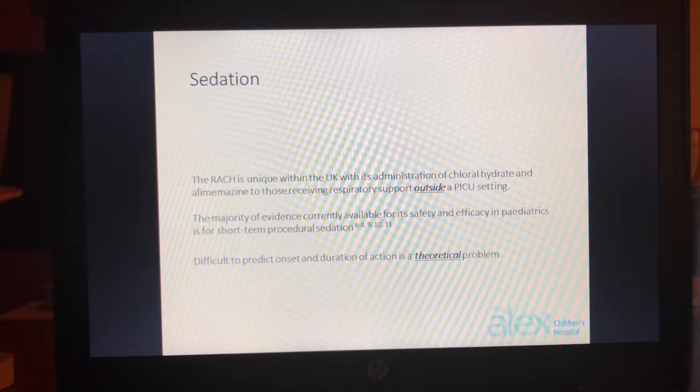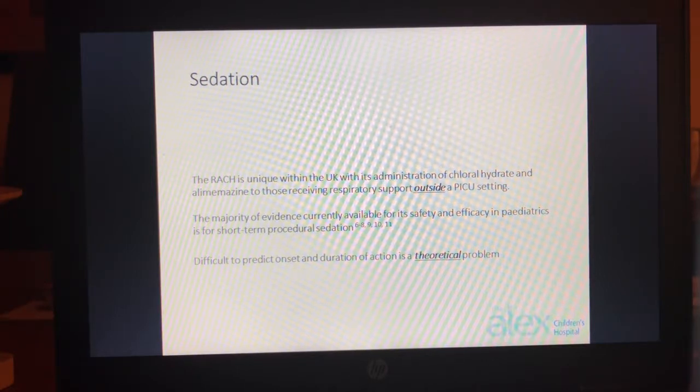Part of the problem is that the majority of evidence for the use of such sedation is really around the use of sedation in short-term procedures. And added to that, there's not a lot of data about pharmacokinetics and pharmacodynamics.